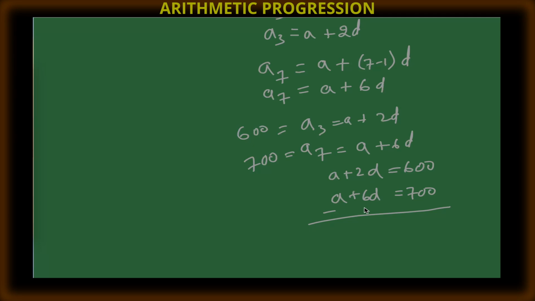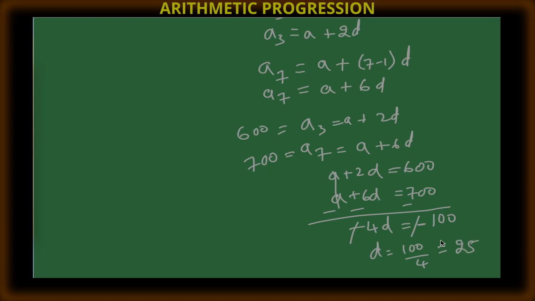Okay, let's subtract. a minus a gets cancelled, 2d minus 6d is minus 4d, 600 minus 700 is minus 100. Minus minus gets cancelled. d is equal to 100 divided by 4, which is equal to 25.